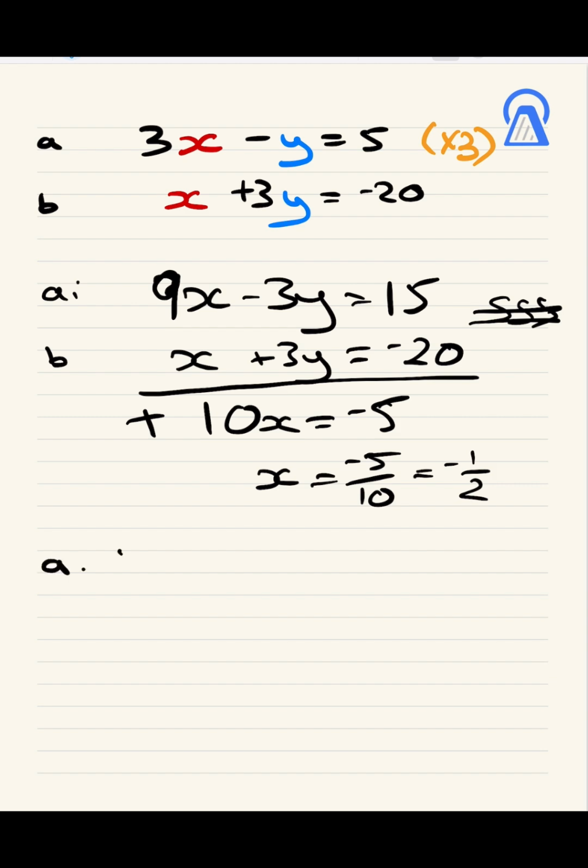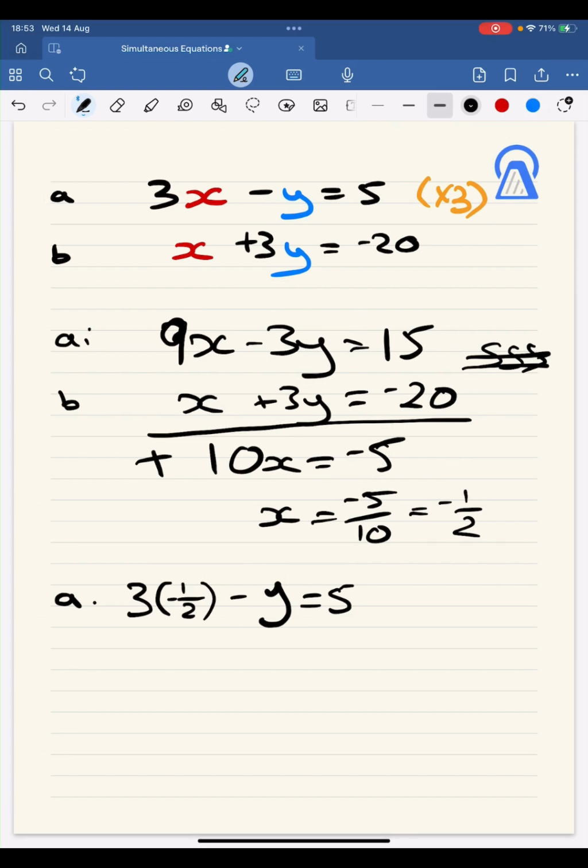I'm going to do 3 times negative 1/2 minus whatever y is should equal 5. And then I'm going to find out what y must be in this case.